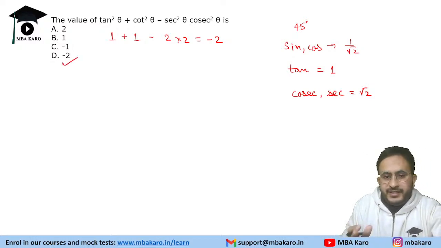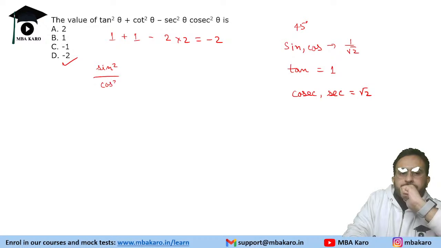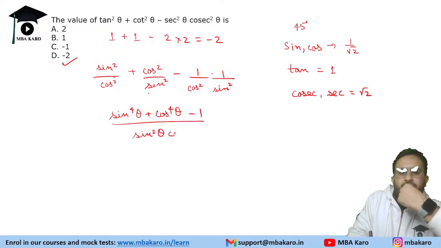If you do it by identity, we can do it by identity also. tan square is sin square upon cos square, plus cos square upon sin square, minus sec square is 1 upon cos square and cosec square is 1 upon sin square. Okay, so we will get sin to the power 4 plus cos to the power 4 theta, minus 1 upon sin square theta cos square theta.